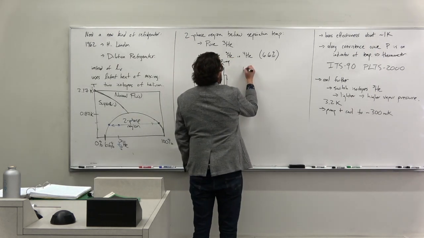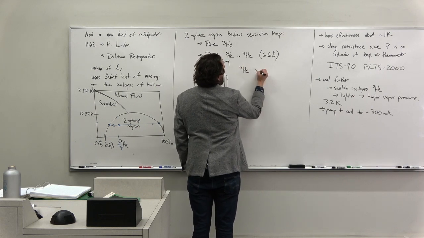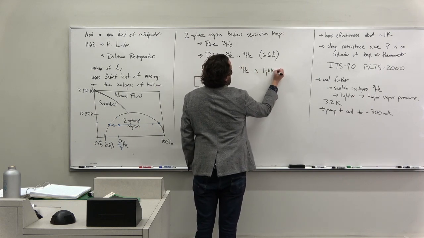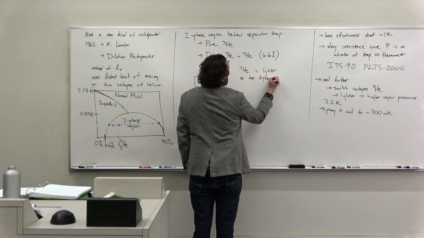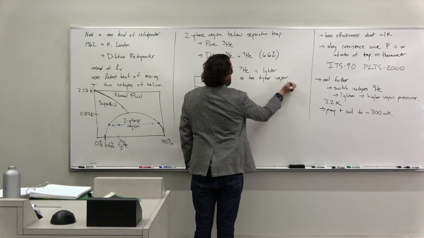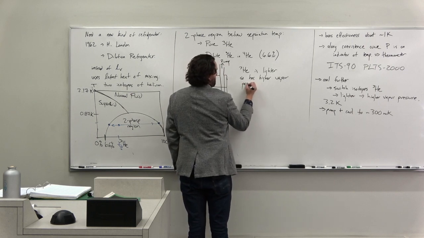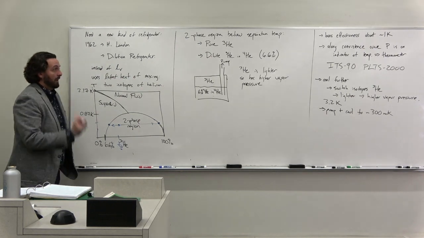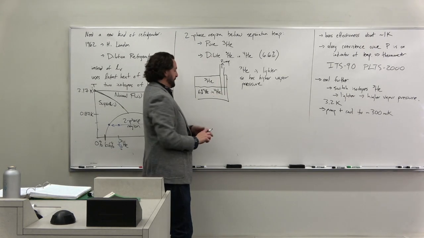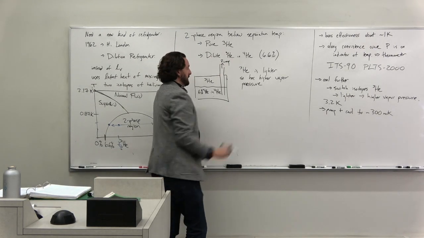So again, helium-3 is lighter, so it has higher vapor pressure. Okay, so you actually preferentially pump the helium-3 out.